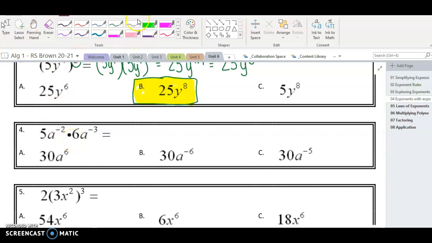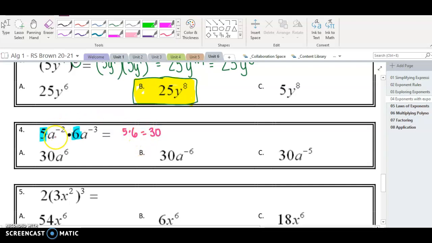Remember, I have to multiply my numbers first. So I'm going to multiply that 5 times the 6, which is 30, right?